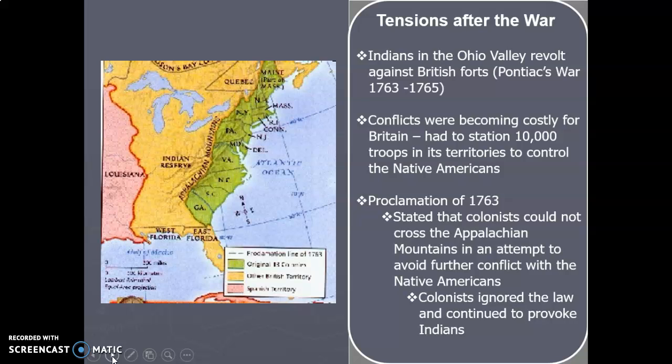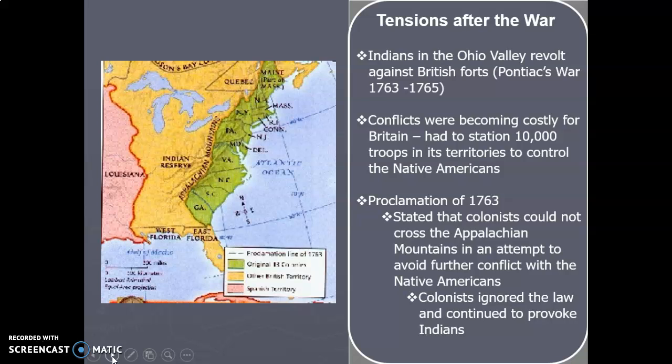The conflicts were becoming very costly for Britain, and they left 10,000 troops stationed in the territories to control Native Americans after this war. And as you see, they also passed this proclamation line, which states that the colonists could not cross the Appalachian Mountains in an attempt to avoid further conflict with Native Americans.